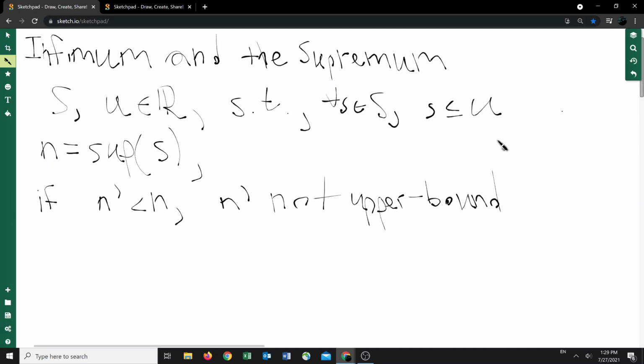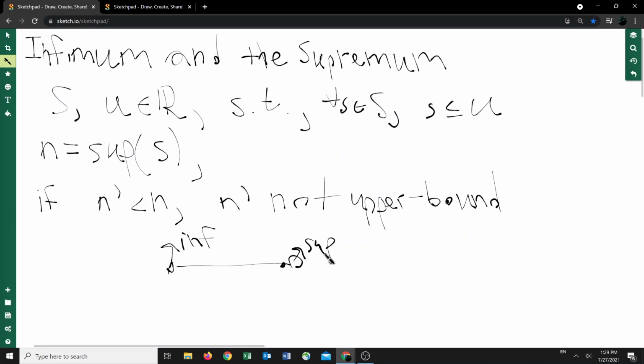And let's consider the infimum. It's the same idea, but in this case, it's the greatest lower bound. If you visualize a set, here would be the supremum, let's say it's somewhere here, and then the infimum would be somewhere here.